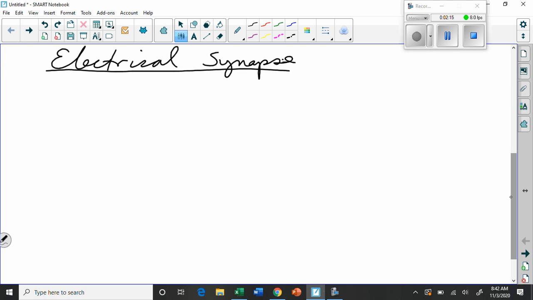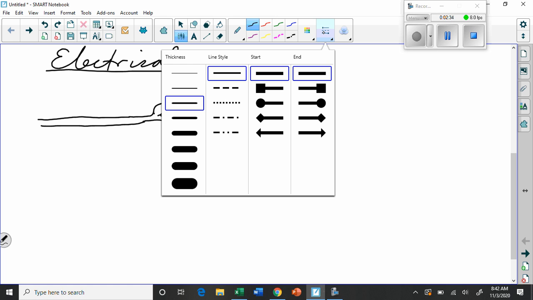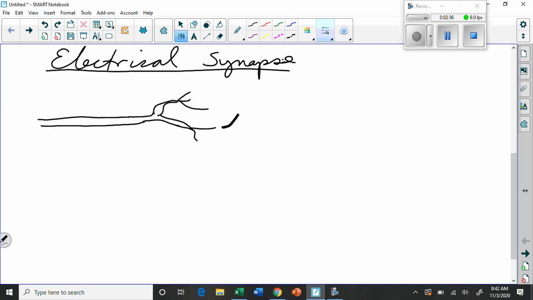Essentially, if you think about that long axon, how it sort of branches off at the end into a little axon terminal, that axon terminal will be connecting with the dendrites of another neuron like this. So this is the connection that we want to blow up and look at in detail and see how this actually works.